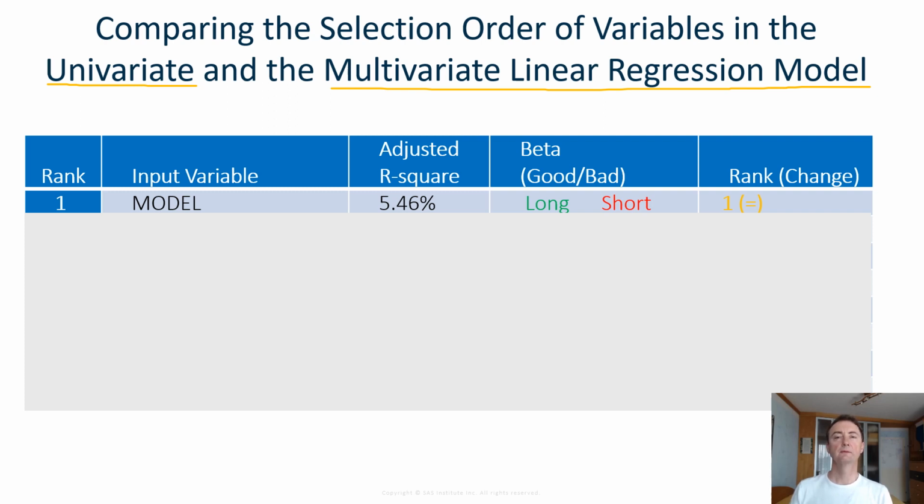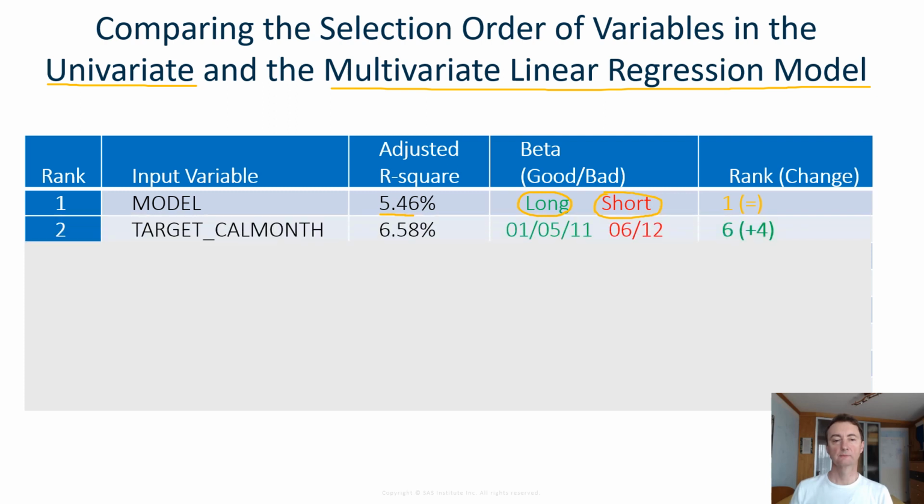We might have assumed this because it's also the most important variable in the univariate model. And we see that the adjusted R square is 5.4%.